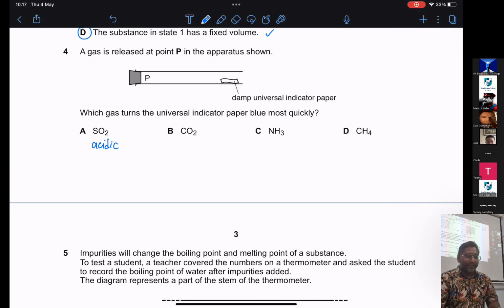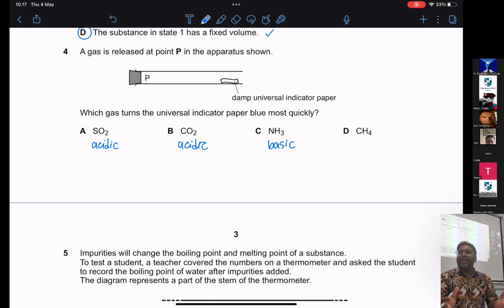Next. Number 4, a gas is released at point P in the apparatus shown. We don't know what gas that is. Which gas turns the universal indicator paper blue? I told you, universal indicator.